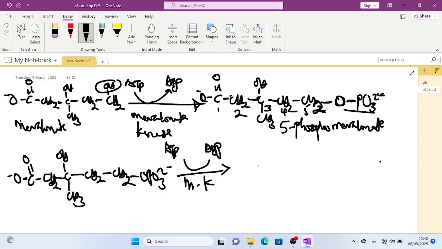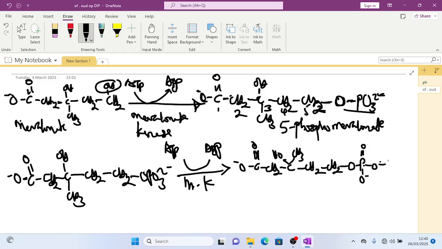And so what do we get? We get this product. Let me just draw the full structure. And so the second phosphate group is added also.